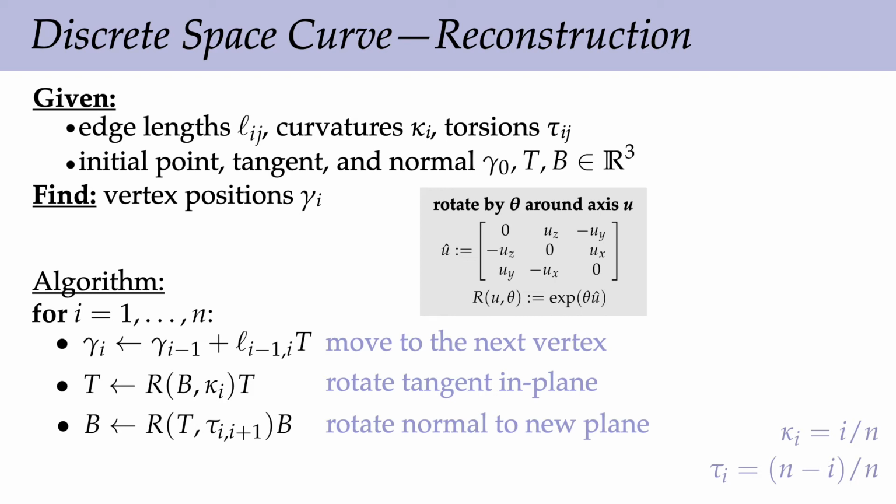Let's say I ask that the curvature at the ith vertex is 1 over n. So let's say I'm going to have n points in my curve. And the torsion, the ith torsion, or really the torsion of the edge i plus 1, is going to be (n minus i) over n. If I do that and I plug this into my algorithm, can you picture it? Just stop, think, what would this curve look like?